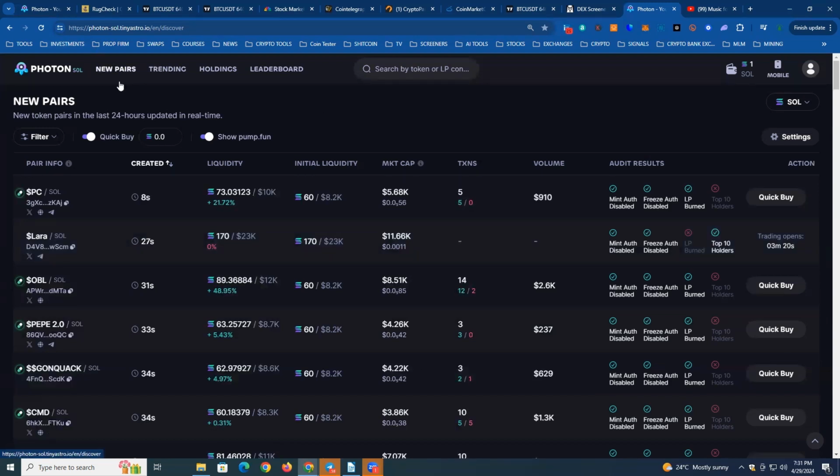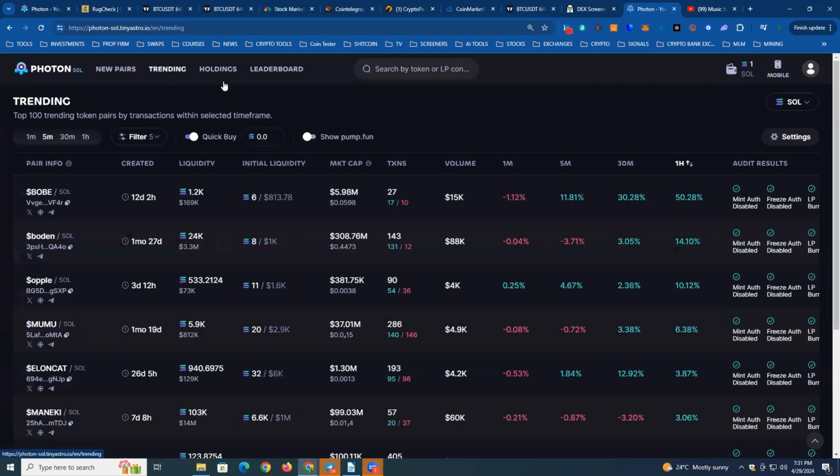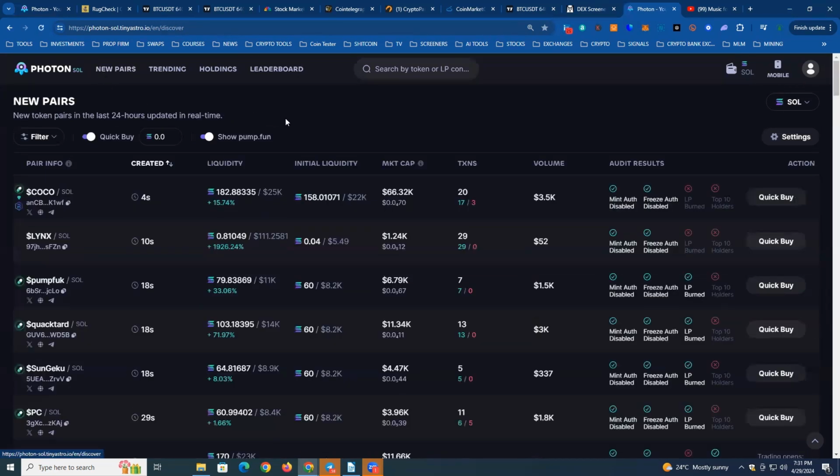You also have trending coins, and you can set up holdings to show your active trades, and they also have a leaderboard to show the traders who are doing well on this particular trading platform.